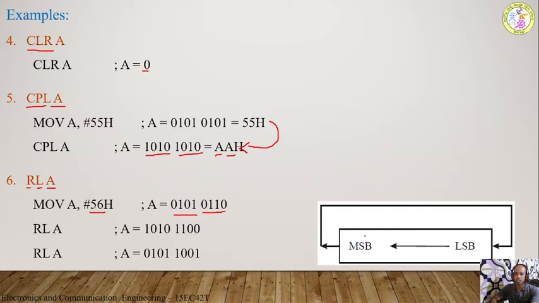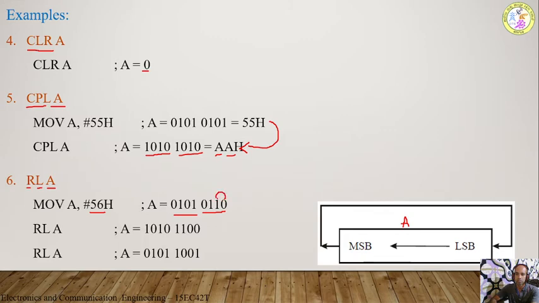So what is RL A? Now consider this is the accumulator register A. It contains 8 bits, and this is the data present in the accumulator. Rotate left means all the bits are rotated to the left by one position.